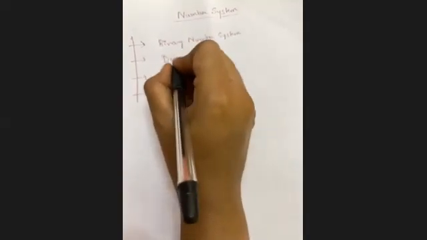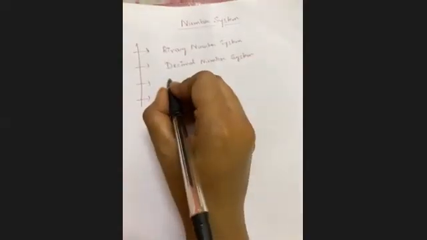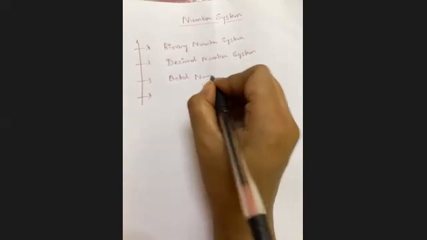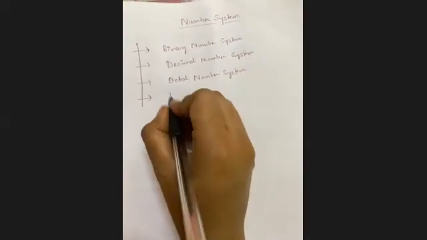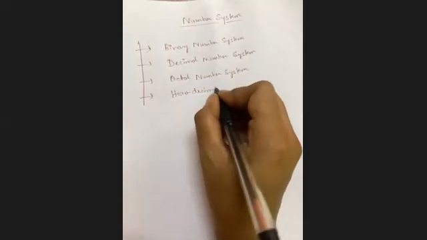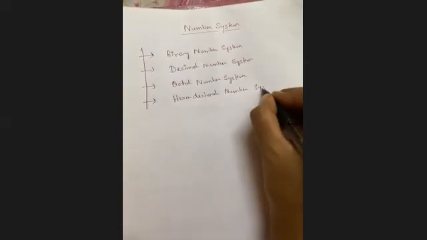Second is your decimal number system. Third is your octal number system. And fourth is your hexadecimal number system.